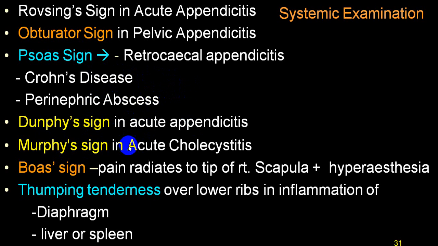Murphy's sign is a characteristic of acute cholecystitis, which is a tenderness, and the person will stop the respiratory movement when you are palpating at the junction of the right costal margin and the right mid-clavicular line, and you are asking the person to take a deep inspiration.